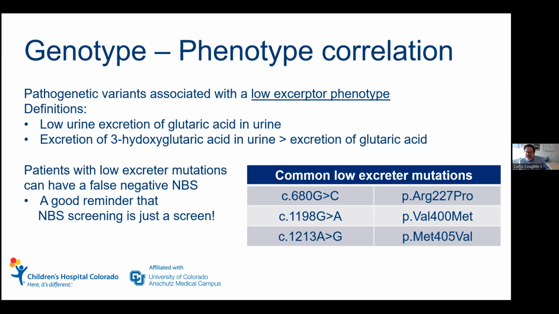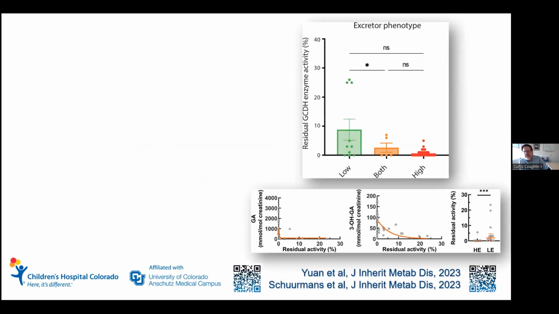Just having one of these low excretor variants, it doesn't matter what the variant is on the other allele, you will have this low excretor phenotype. And these are the patients that often can have a false negative newborn screen. So in some parts of the world where these variants are really, really common, there is sometimes a second-tier reflex of looking for the low excretor variants on newborn screen to try to increase the sensitivity of testing.